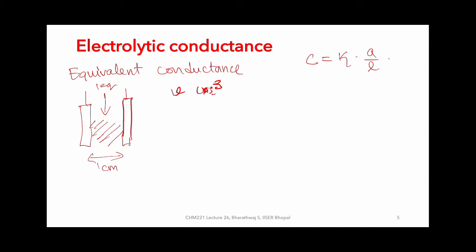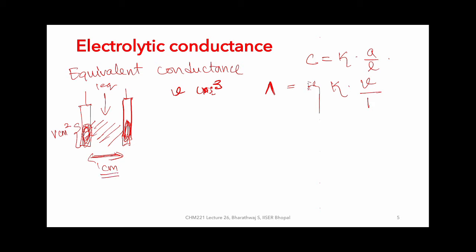With V centimeter cube volume and 1 centimeter separation, you immediately understand the area is going to be V centimeter square that is interacting with the solution. So therefore, the equivalent conductance, written as capital lambda, will be equal to kappa times V, that is, the area divided by 1 centimeter. That's what comes here.